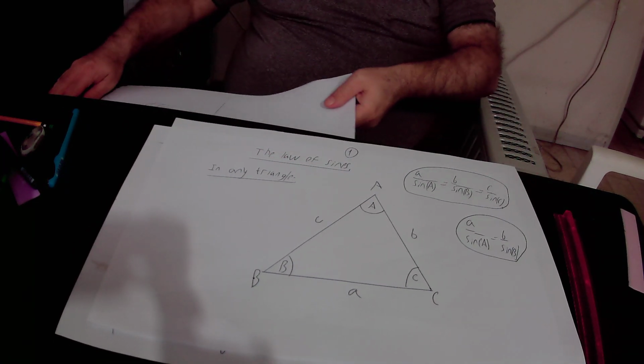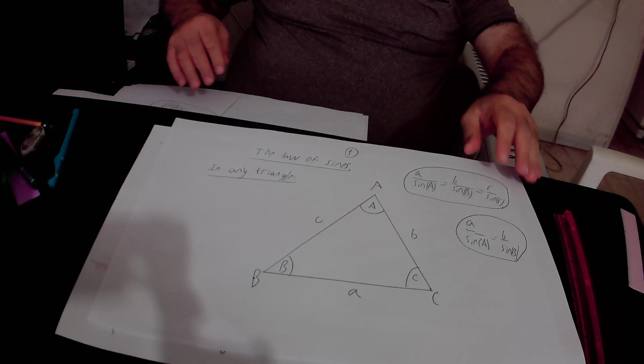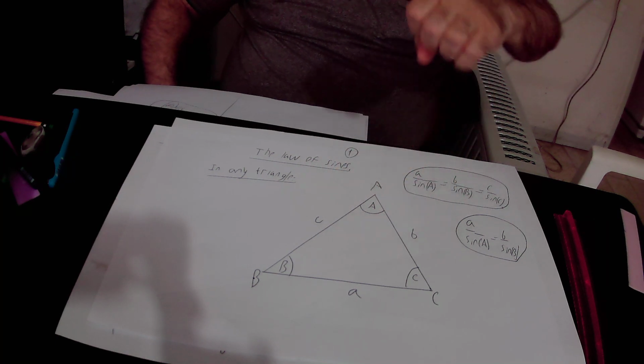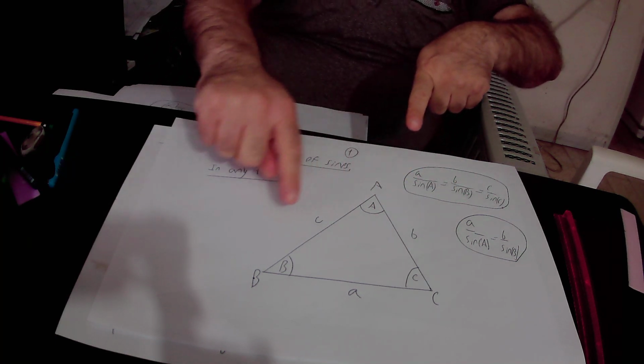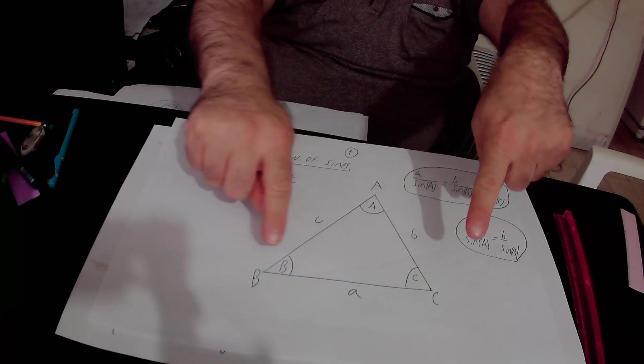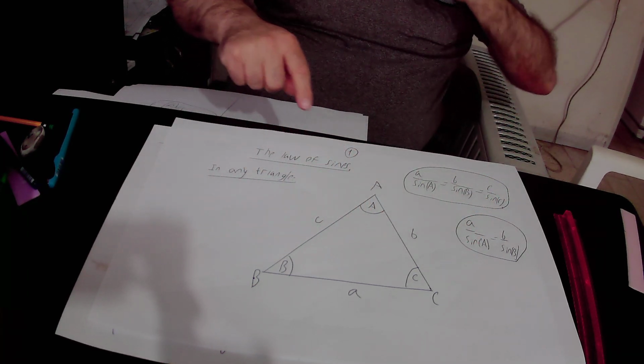So if we have triangle ABC, this triangle could be any triangle, and we know that the length of side AB is C units, the length of side AC is B units, and the length of side BC is A units.